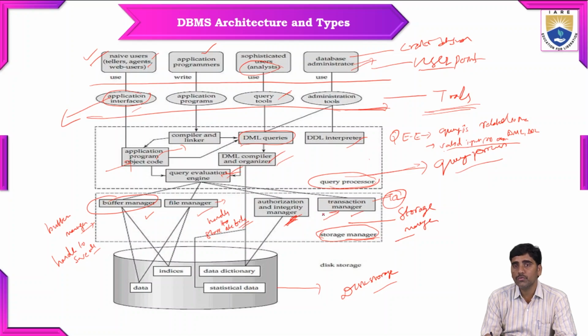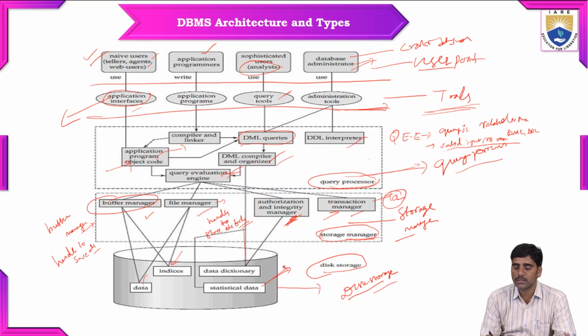And to do all these, physical media or storage devices are required, right? So for that, disk storage is used to store all these values. The data will be stored, and the file manager and buffer manager store some indexes, and the data dictionary stores all the data relevant to the dictionary. And statistical data, which is analyzed data.